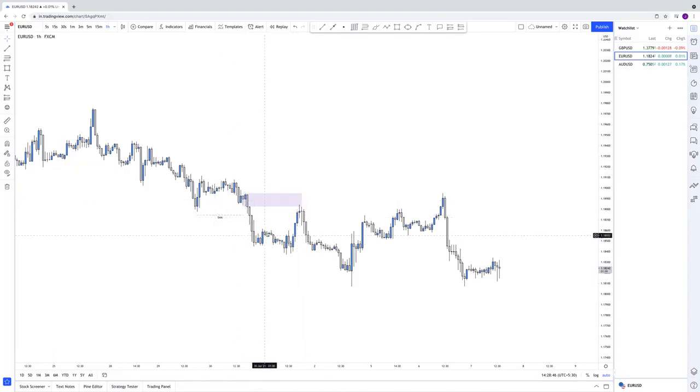But if price does one of these two things, so what we've seen is we had this lower low, price pulled back, and then it actually broke structure again with that move there. So you can see price, before coming into that lower high, we had a second break of structure from the most recent lower low, which is here.